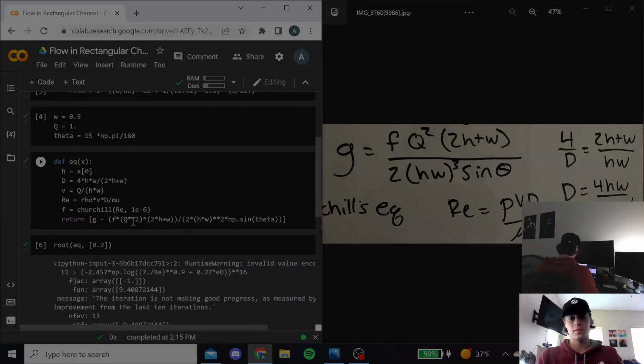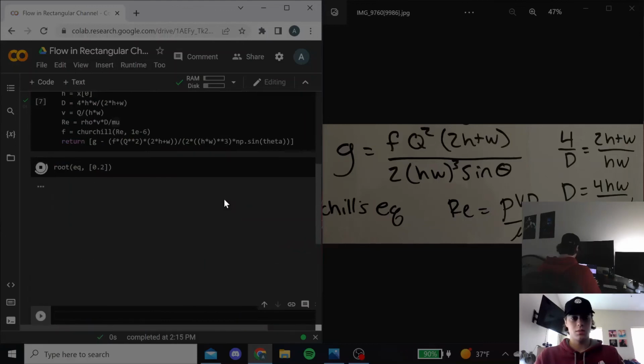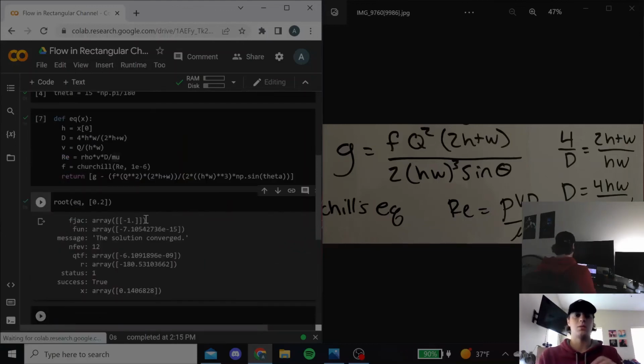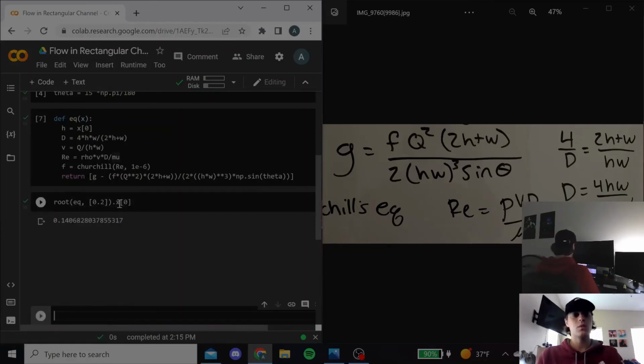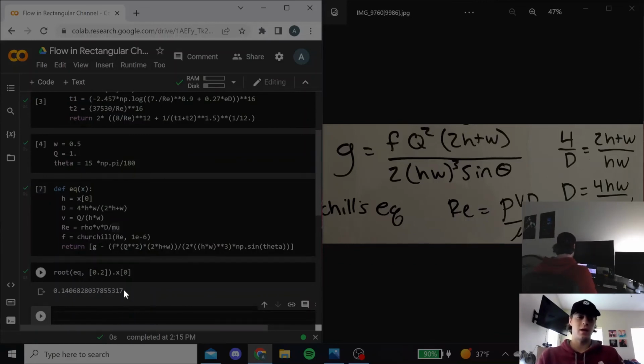So we have f times q. All right, I had the wrong exponent. Let me see if that was the issue, and that was the problem. Now the root solver ran successfully. We can grab the x attribute out of it, and this is our answer.